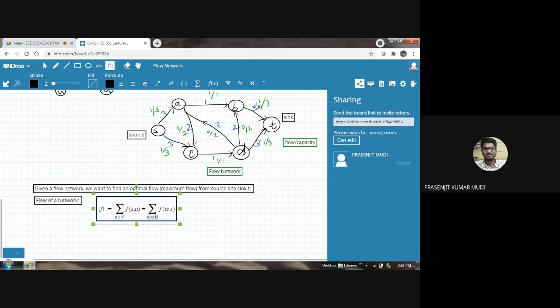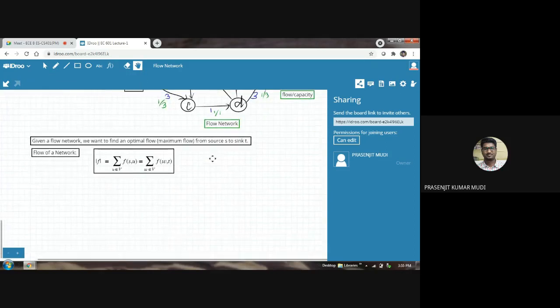One edge is B comma T, another is D comma T, and their flows are 1 and 1 respectively, and the sum of them is equal to 2. So from the principle of flow conservation, we can actually define flow of an overall network. Flow of a directed graph is defined as the sum of net outgoing equal to sum of net incoming flow. Too simple. Any doubt?